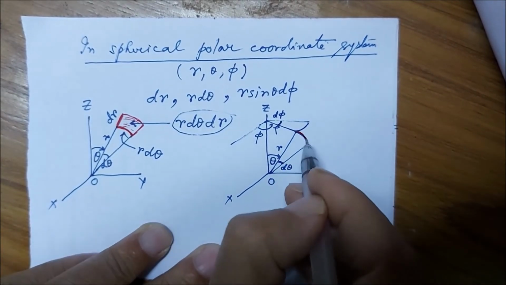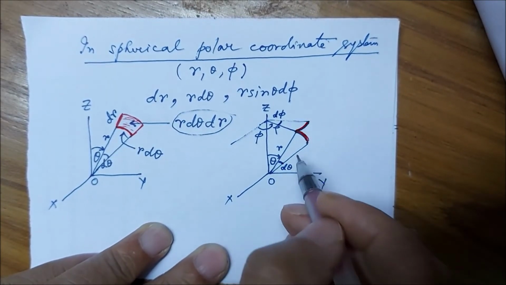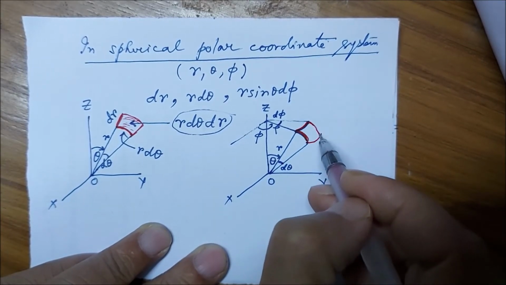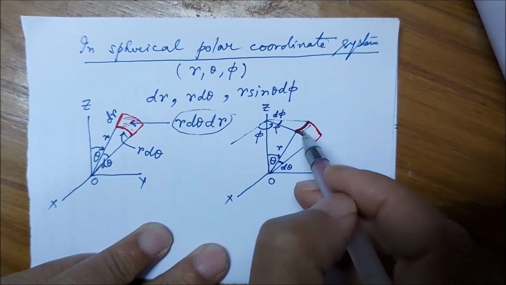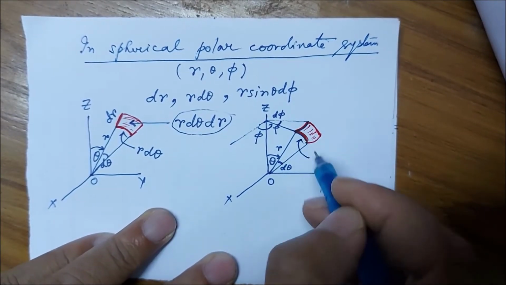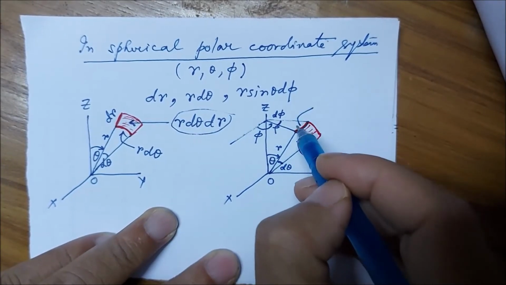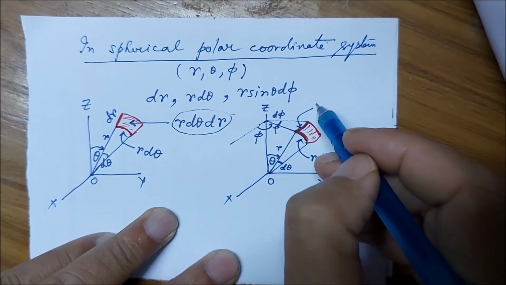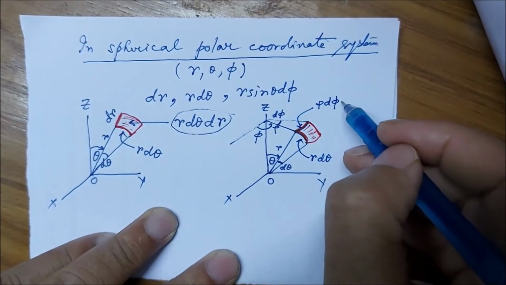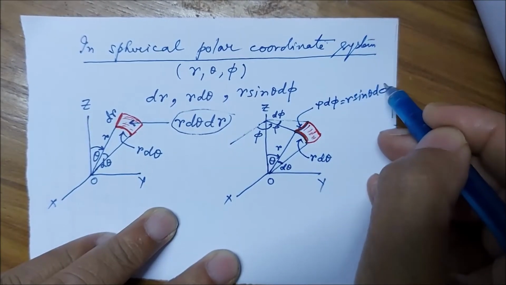So we have got this length element as well as this length element, and we can complete them. This is r d theta and this one is rho d phi, which is equal to r sine theta d phi.